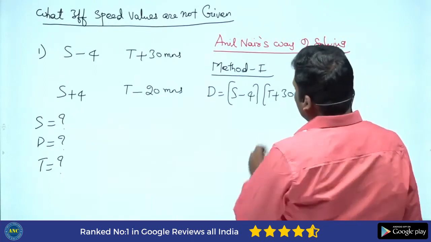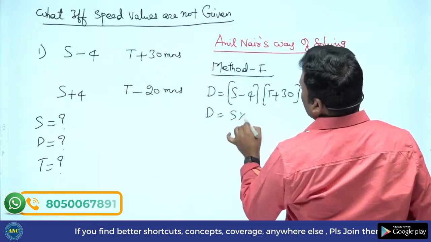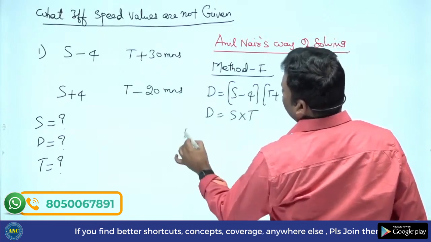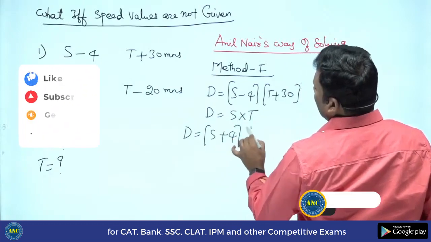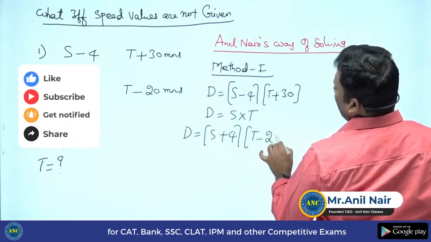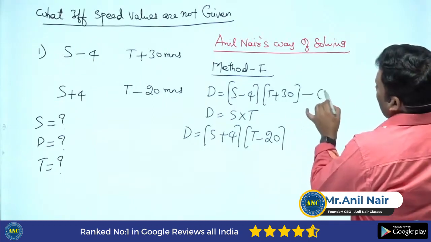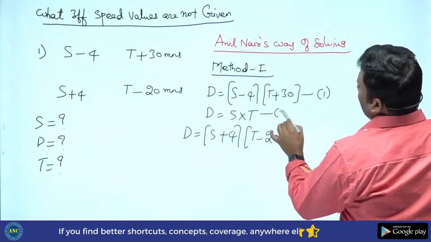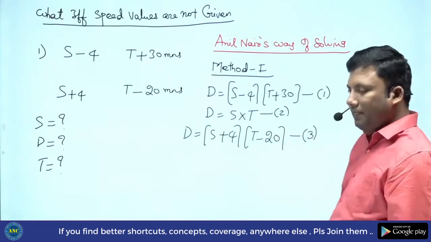That I will do a little later. Final change. Actual distance is actual speed into actual time. Speed increased by 4, time decreased by 20. This is equation 1. This is equation 2. This is equation 3.